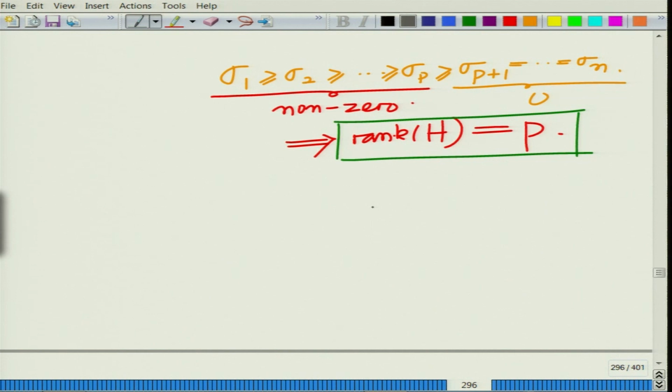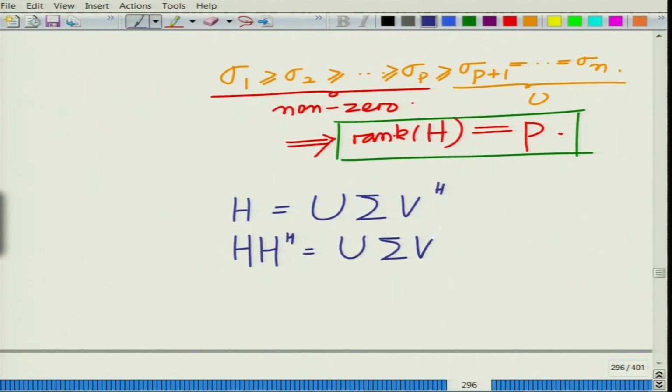And well, what is the relation between the singular vectors and singular value decomposition and the eigenvalue decomposition? That is also interesting. So, if you look at H equals U sigma V Hermitian, consider H H Hermitian, that is U sigma V Hermitian times V sigma U Hermitian.